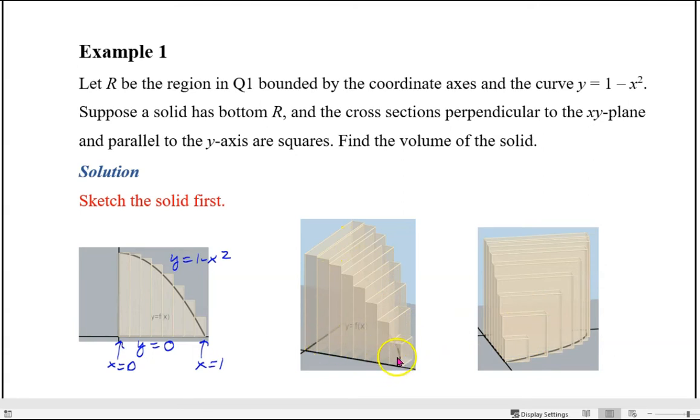The lengths of the sides are given by the height of the parabola, 1 minus x squared, and its distance from there to the x-axis. So the length of each side is basically the y value on the parabola. This is going from y equals 0, which is the x-axis, up to 1 minus x squared.